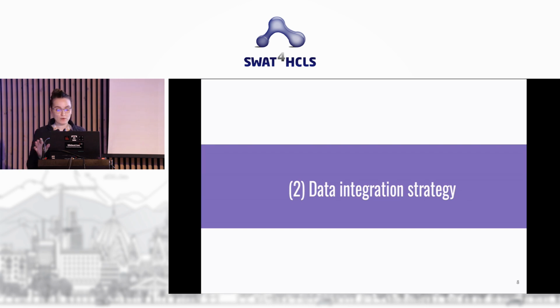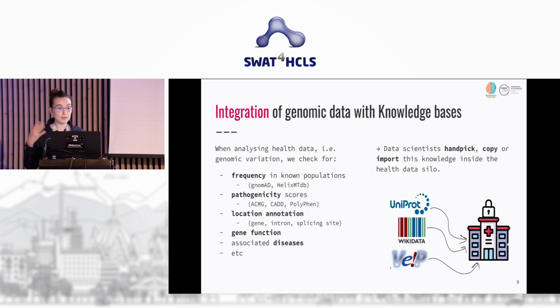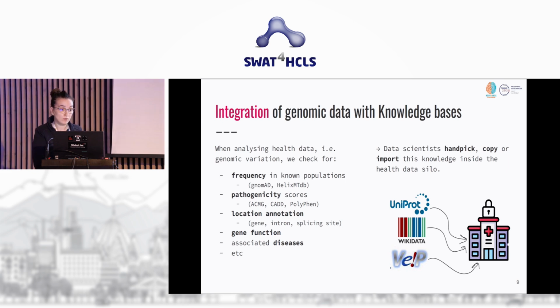Before telling you about our strategy, I have to tell you that integration of genomic data with knowledge bases happens all the time for people that actually do bioanalysis. Bioinformaticians routinely go look for data to annotate their biological data on site.